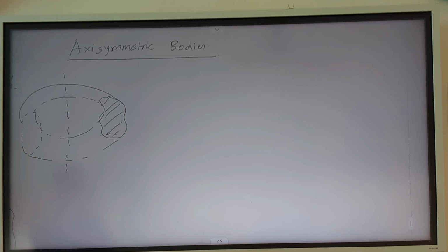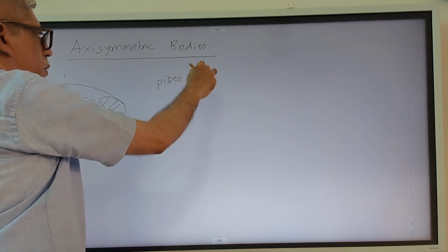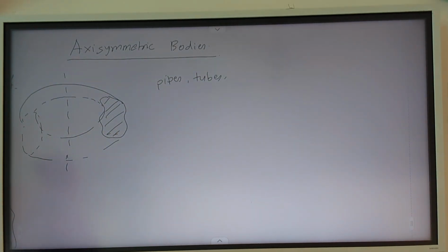There are many such examples. Pipes, that's right. So pipes or tubes is one example. There is a rectangle which is revolved around the axis. What else?